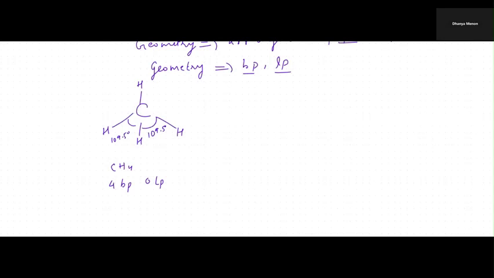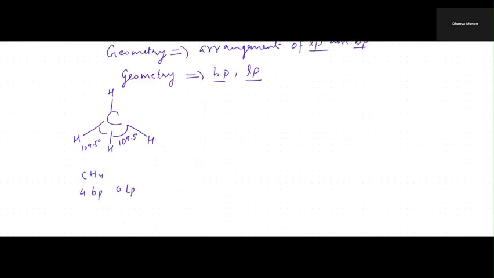But in case of ammonia, ammonia has 3 bond pairs, we just calculated, and 1 lone pair. So these are the 3 NH bonds of ammonia with 1 lone pair of electrons, right? Now, this is ammonia. What is the geometry? Geometry is tetrahedral, just like methane, and this is also sp3 hybridized.